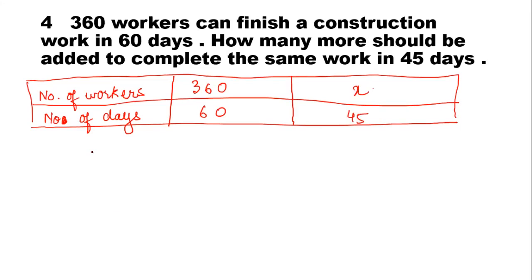Let X be the workers. Indirect variation क्यों है? If number of workers will increase, so number of days taken to complete the work will reduce, क्योंकि ज्यादा labor होगी तो कम days लगेंगे to complete the work. So it is indirect variation. So what is X?